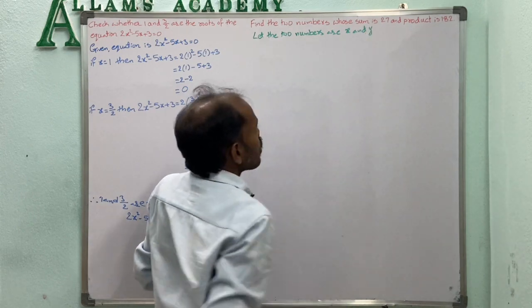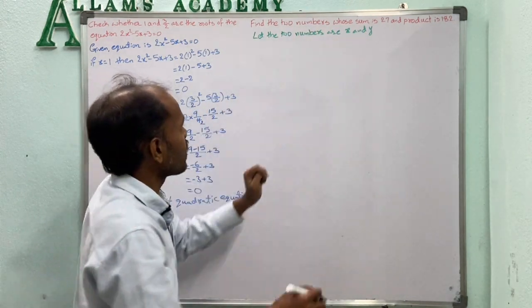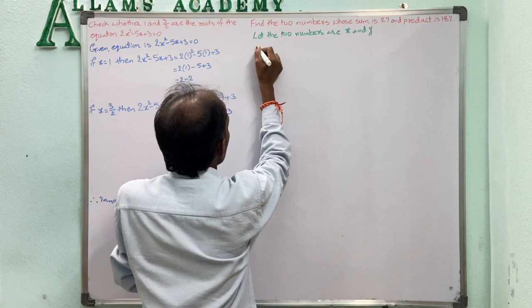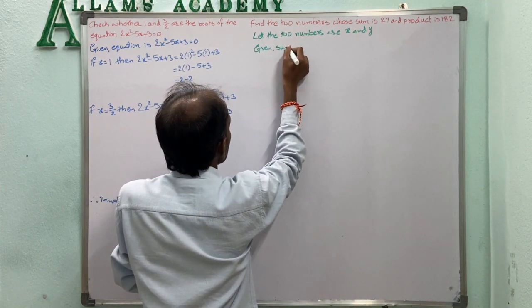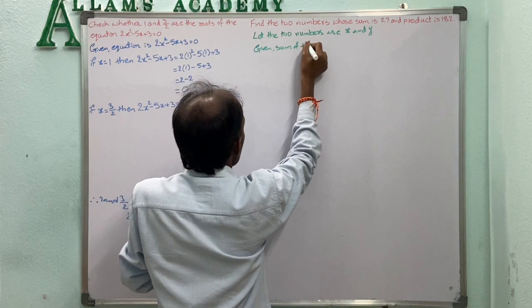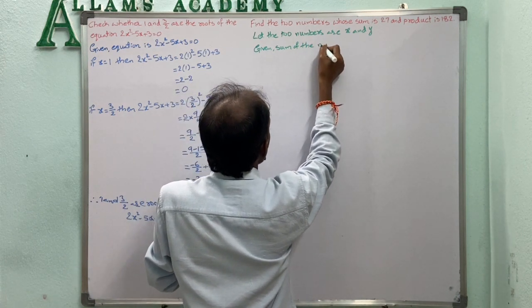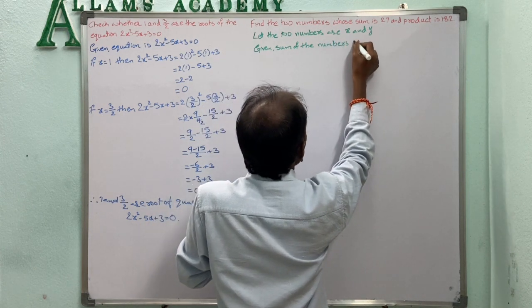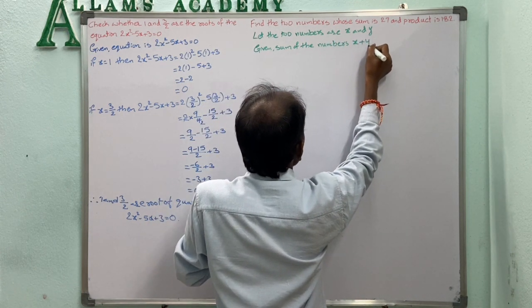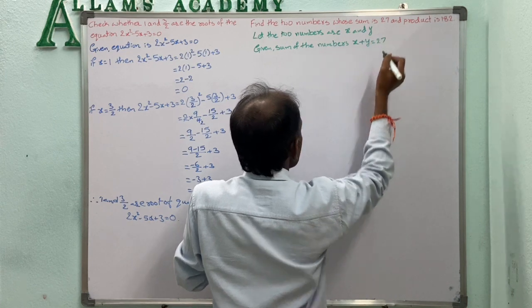Now the sum of the numbers is 27, given. So x plus y equal to 27.